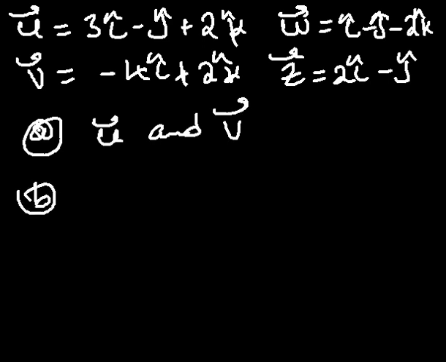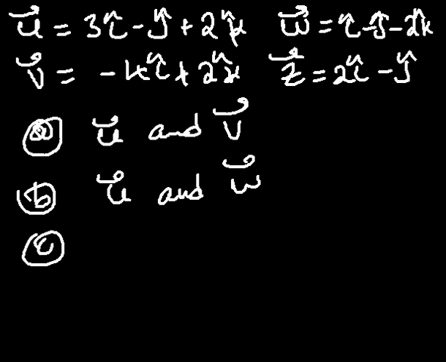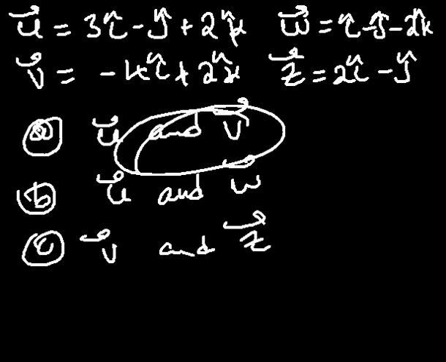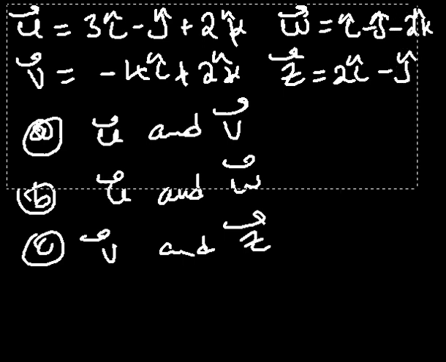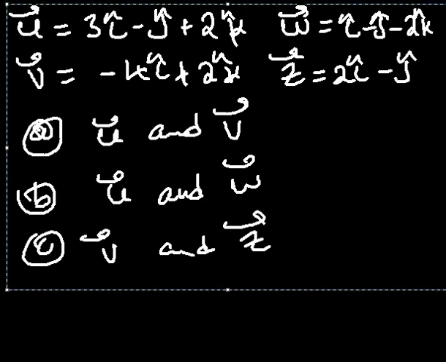B: vector u versus vector w. And C: vector v and vector z. Which pair corresponds to the orthogonal vectors? Check it and determine which pair corresponds to the orthogonal vectors.